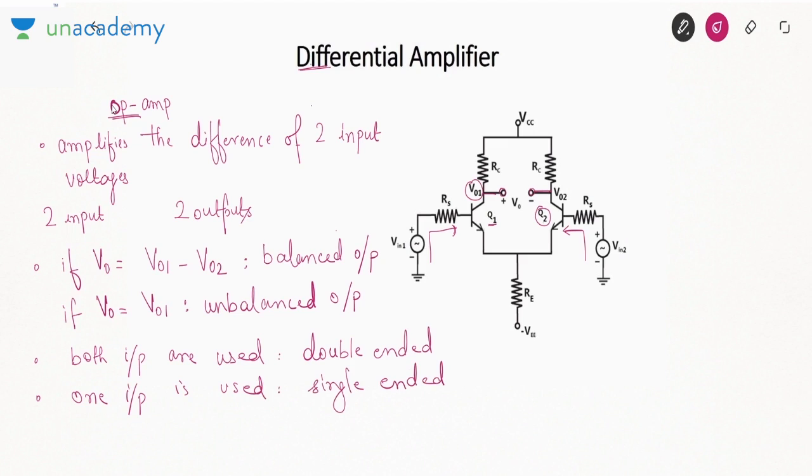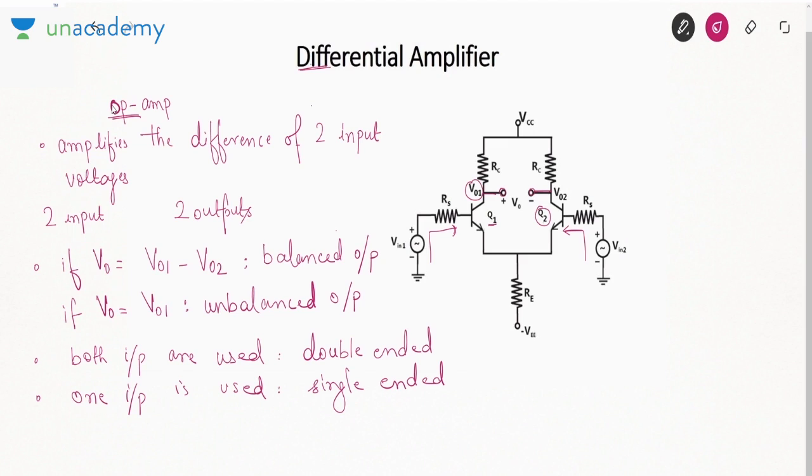Like, if I use one input and I take one output, then I'll call it a single-ended unbalanced output differential amplifier. If I use both inputs, double-ended unbalanced output differential amplifier. So that is how we will name the differential amplifier, based on whether or not you are using both the inputs, and secondly, whether you are taking one output or you are taking output as a difference of the two outputs.